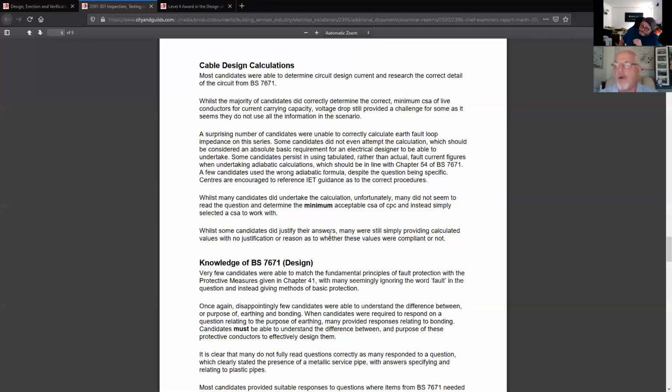it says there about the design. Something I always refer to, and I say it again on every testing course and design course I'm on, is that we have to really understand the importance of utilization. So many of us don't take utilization into consideration. I remember when I did my 2391-20 exam, one of the questions was written in a very vague way.